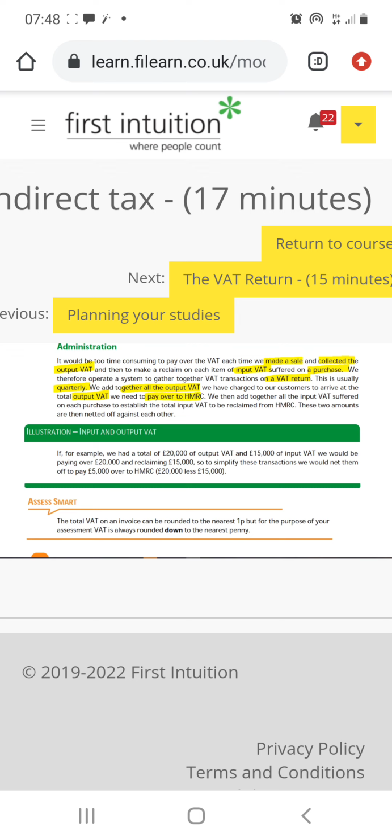So let's say the amount to pay in output VAT is maybe £1,000. They then add together all the input VAT. This is VAT that they've actually already paid. When they've bought items from their suppliers, they've paid for the item plus some VAT. So the input VAT has actually been paid as they've gone along.